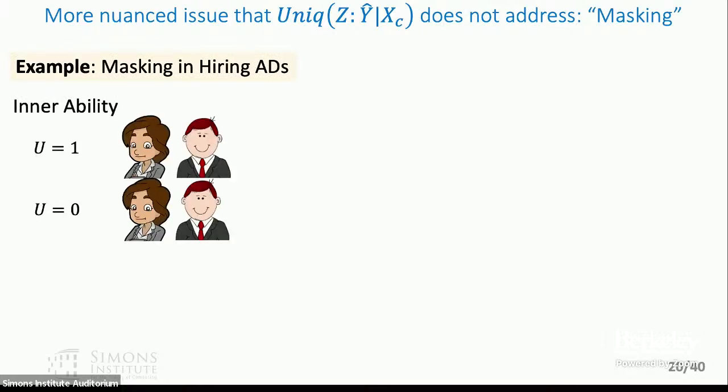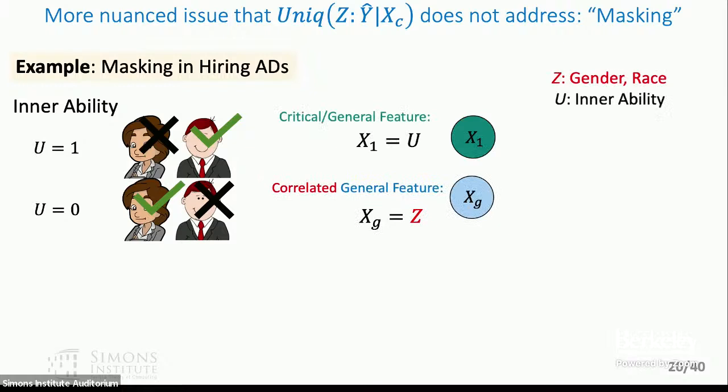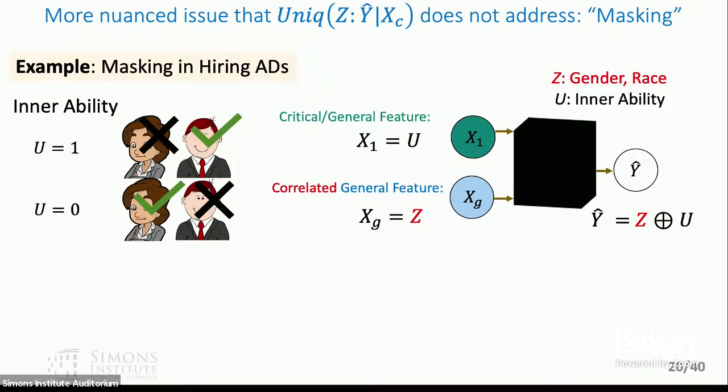We look at the example of masking. Now let's say a hiring ad is shown to men with high inner ability and women with low inner ability, and it is not shown to these two fractions of people. And let's say that all these four fractions or groups are equally balanced. So this can be mathematically written as an XOR, where the output is Z XOR U, and both Z and U could be Bernoulli half.